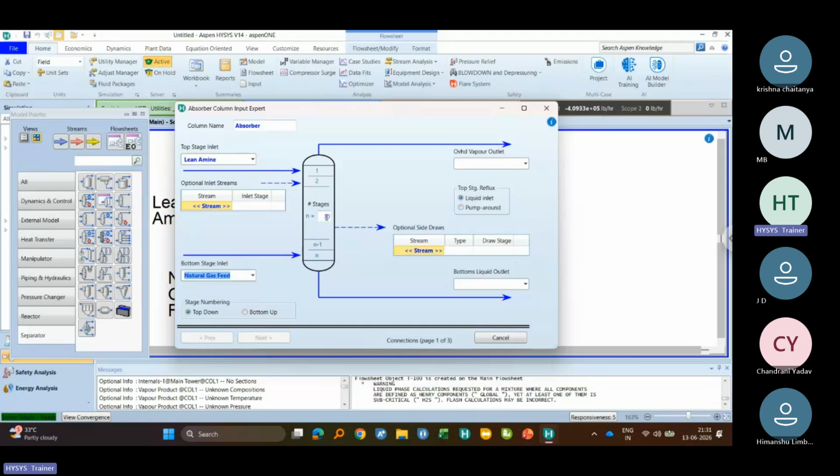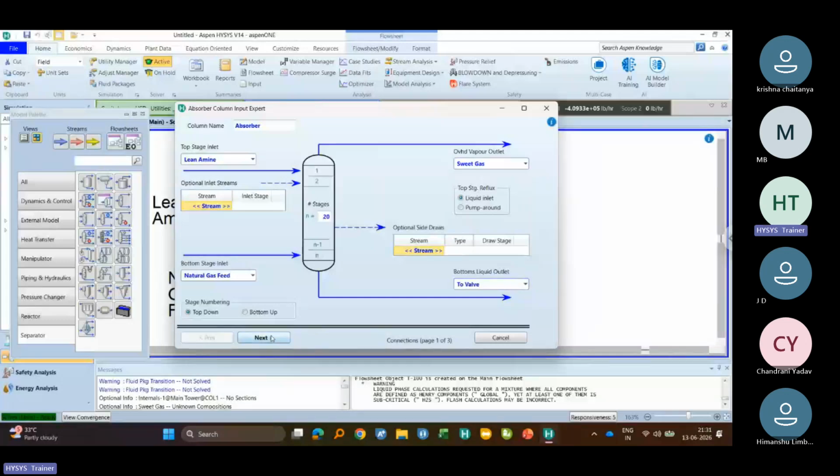The number of stages is 20. For this, the overhead vapor will be sweet gas, so we will define that as sweet gas. And the bottom liquid will go to the next equipment.